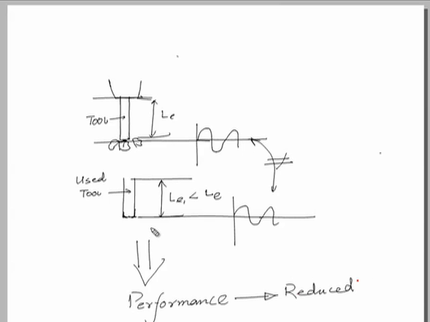Thus, it is very important that the tool length or the tool dimension remains the same while working with USM. The vibration amplitude varies at different locations along the tool axis, as we have just now discussed.